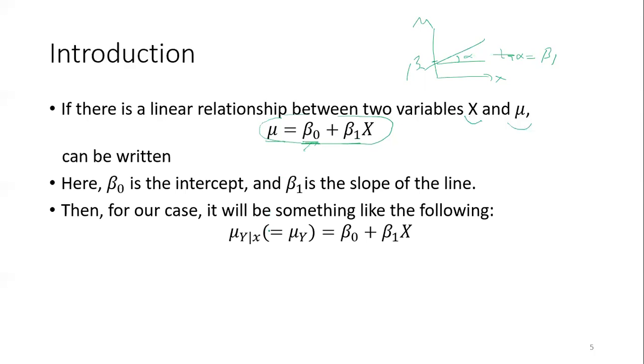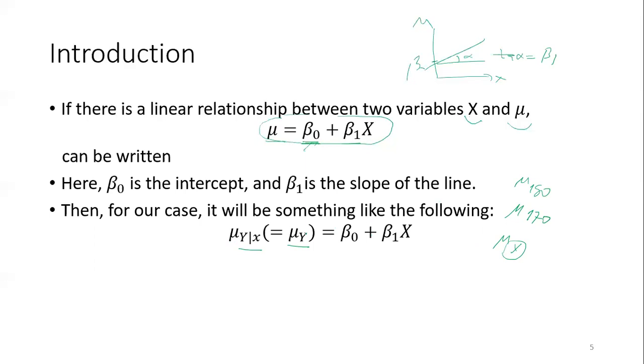Since we said the relationship should be between the deterministic part of the weight and the variable, the height, we can write it like this. Remember, we said mu sub 180, or mu sub 170. In fact, this was something like mu sub x, but instead let's use mu sub y given x, or mu sub y.